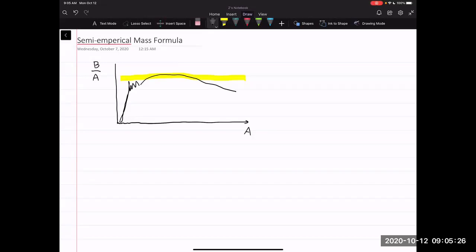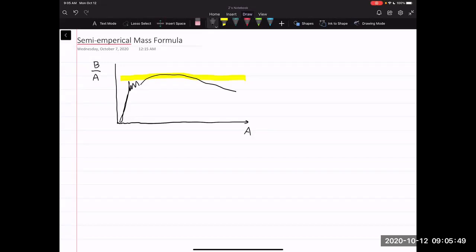Some of the features we're going to describe on this curve indeed come from quantum mechanics. But the others come from our more empirical understanding of this curve, related to the size of the nucleus and the distributions of mass and charge. Okay, so let's get started.